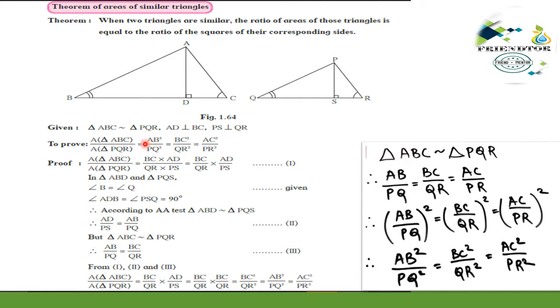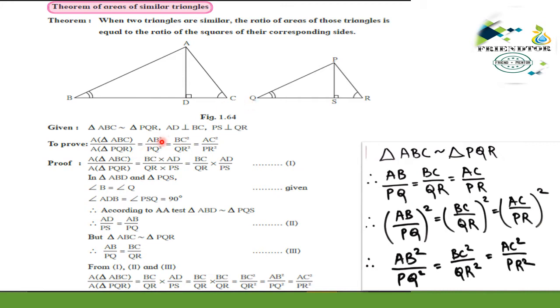So AB and PQ are corresponding sides, their square; BC and QR are corresponding sides, their square; and AC and PR are corresponding sides and their square. So by this theorem we mean to say if we have two similar triangles, then the ratio of their areas is the same as the ratio of the squares of their corresponding sides.